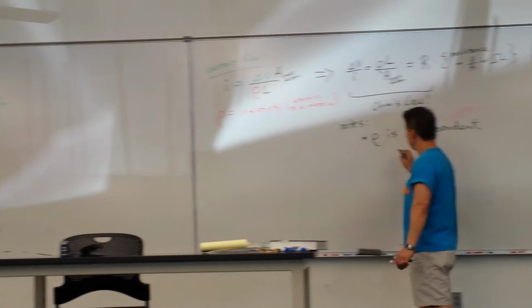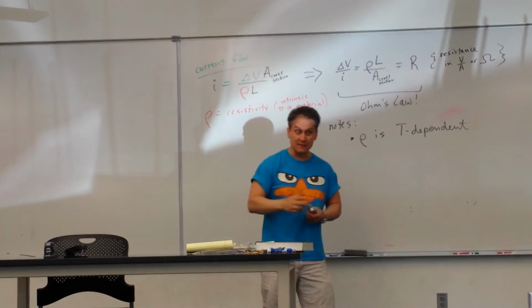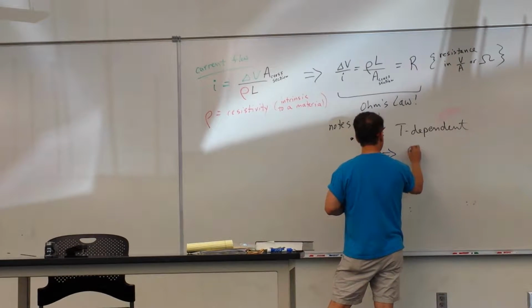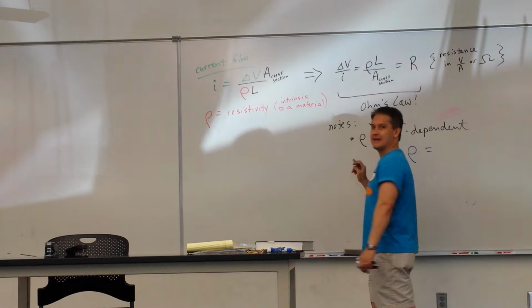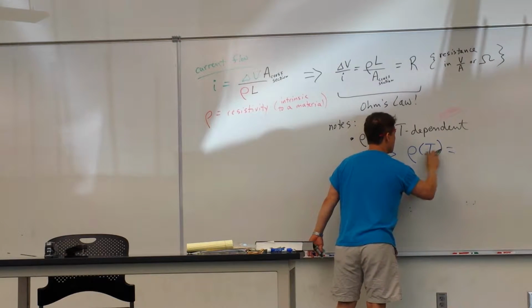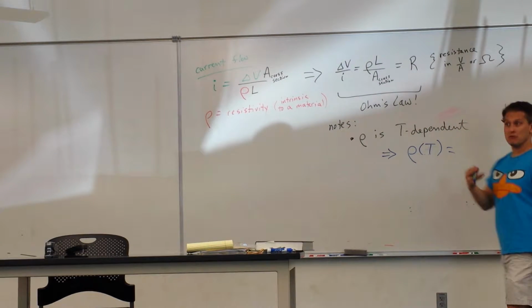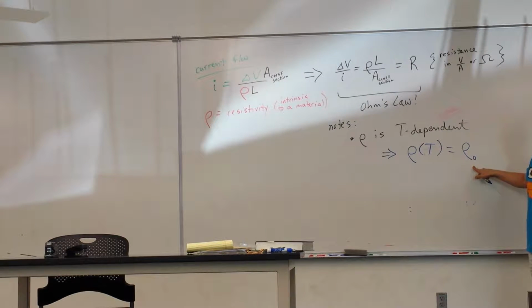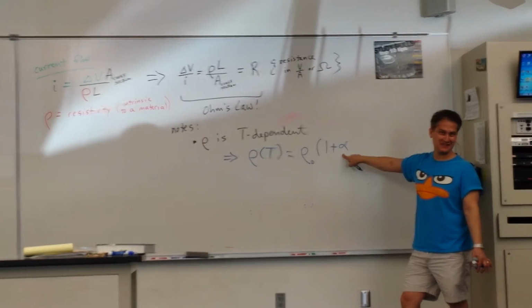And as much as I hate this first order approximation, we typically say that the resistivity at any particular temperature can be calculated by looking at the resistivity at some reference temperature times the factor of 1 plus, here's another Greek character, another physical property that's also temperature dependent, even though we don't look at it in terms of temperature dependency.